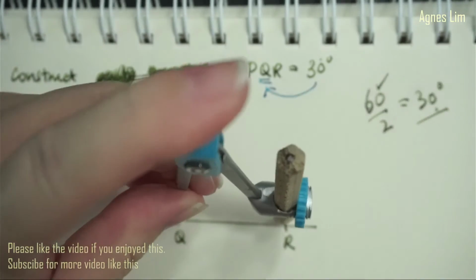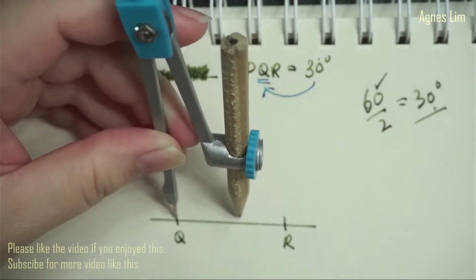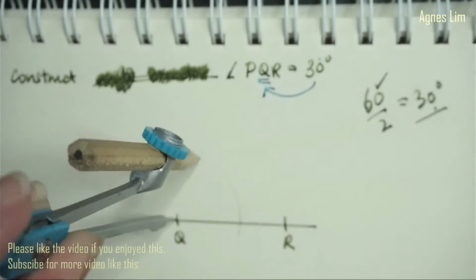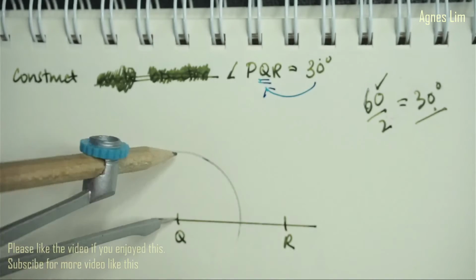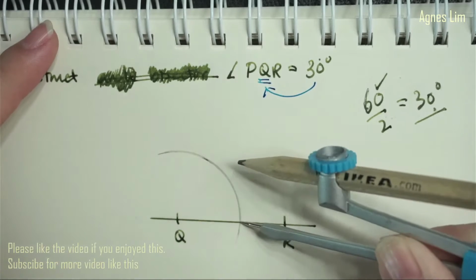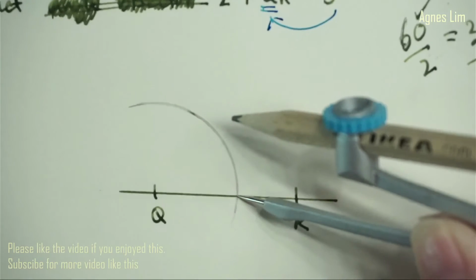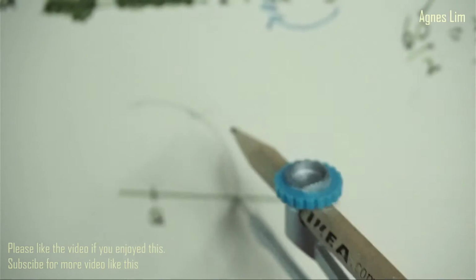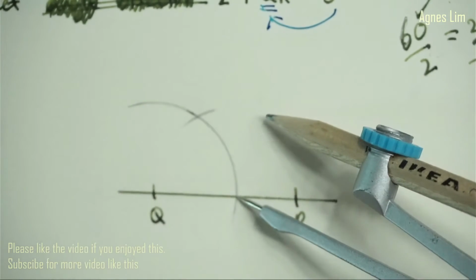Start at Q. Now I do not need this wide, so we need to change the size. Once you do your big arc, you move so that it is at the section here. We're going to do a marking here, which means it is 60.